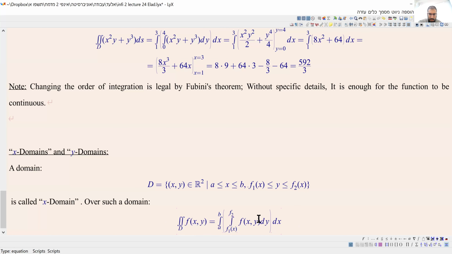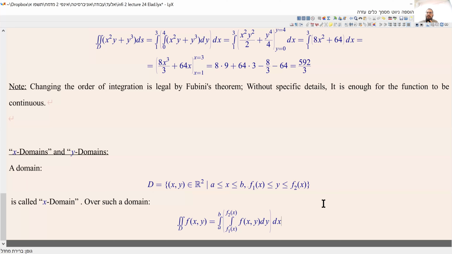So in the bottom line, we finish with a number, as we mentioned before. Only y is a function of x, where y is bounded between two functions of x.